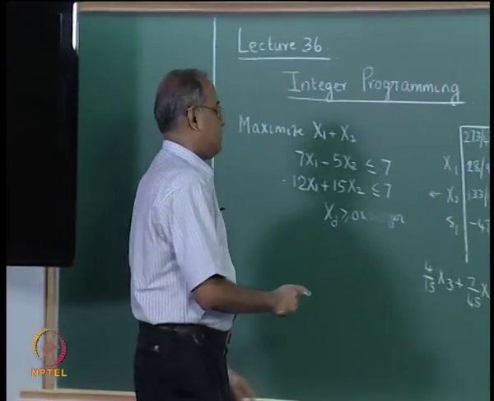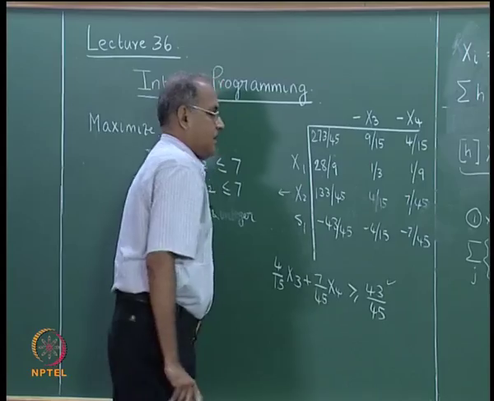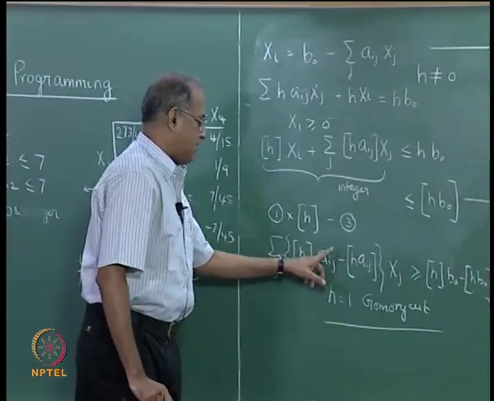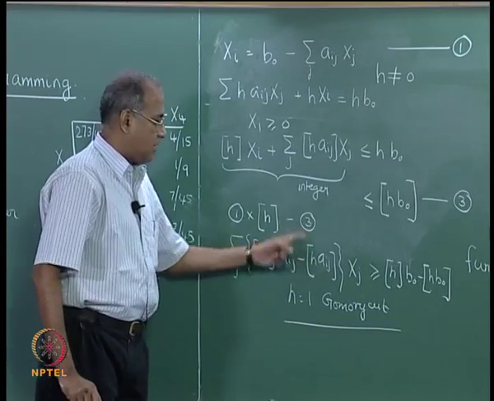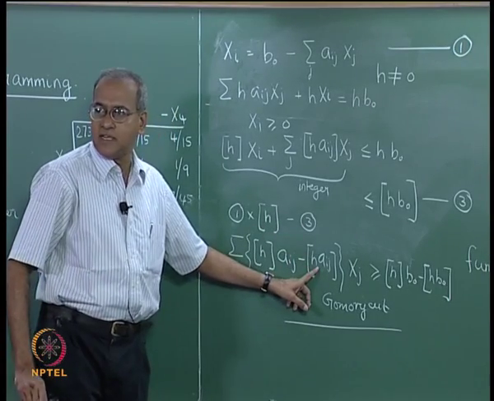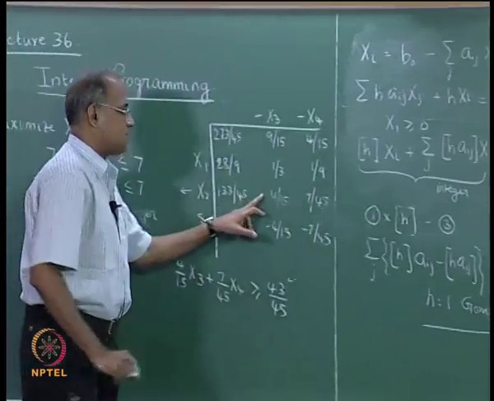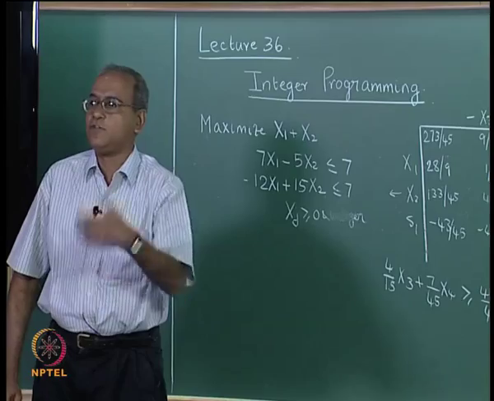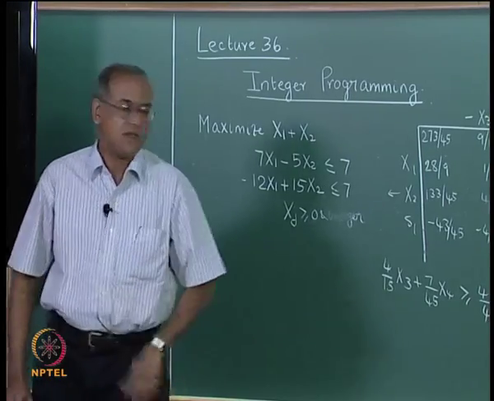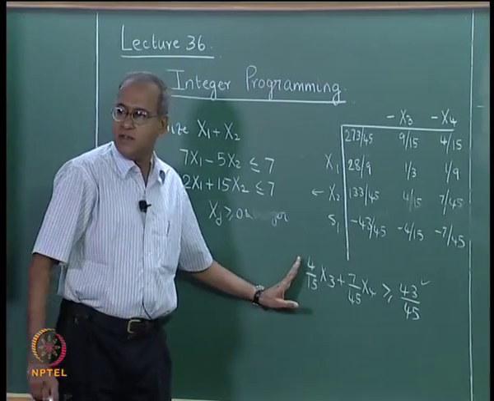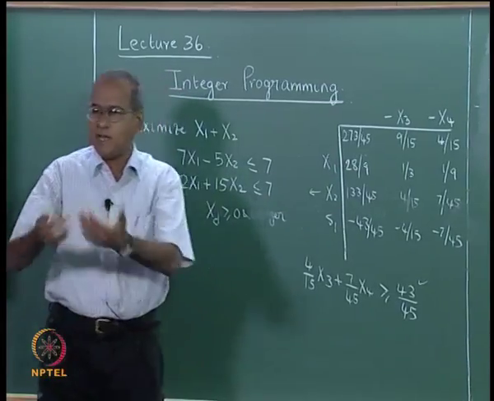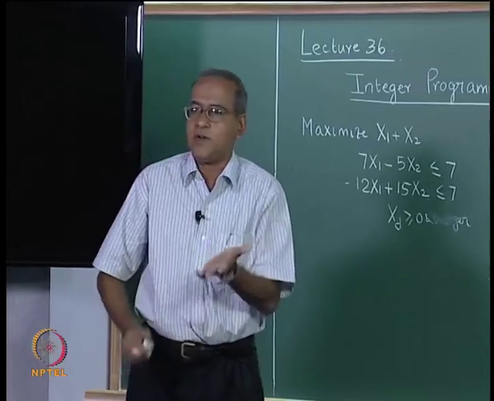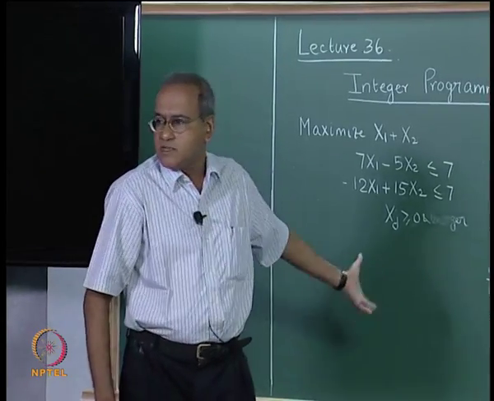Now go back to these, then you realize that this is aij minus lower integer value of aij. So the fractional portion was 4 by 15. So 4 by 15 minus lower integer value of 4 by 15, which is 0, is 4 by 15. Therefore you got the 4 by 15. Similarly 7 by 45 minus lower integer value of 7 by 45 is 7 by 45, because lower integer value is 0. So you got this.